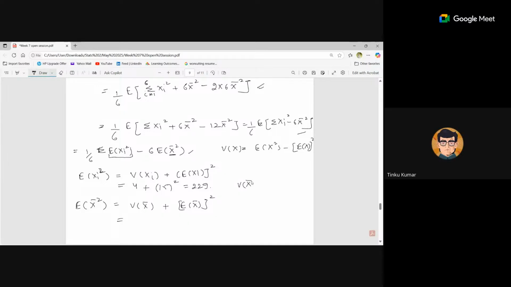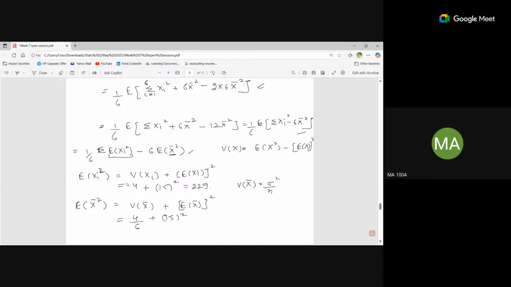Variance of sample mean is equal to sigma square divided by n. So this will be equal to 4 divided by n, n is 6, plus 15 square, because expectation of x bar is equal to mu only. Correct?